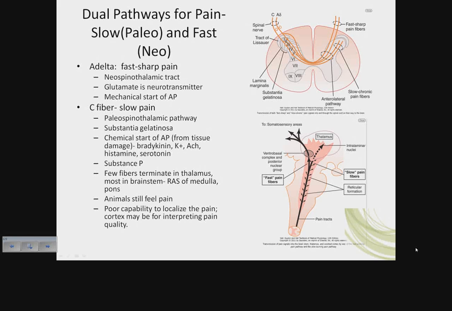It says spinal nerve. And you'll notice that one of them is labeled C and one is labeled A delta up at the top left of that top picture. Now the C represents those small unmyelinated fibers I just described to you, and the A delta represents those somewhat larger and myelinated fibers I just described to you.